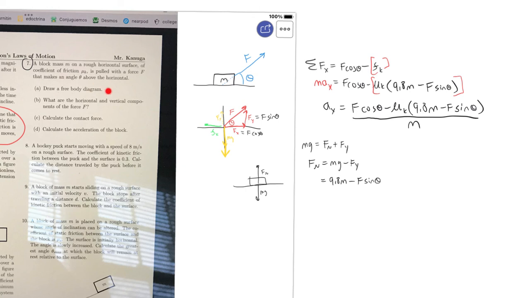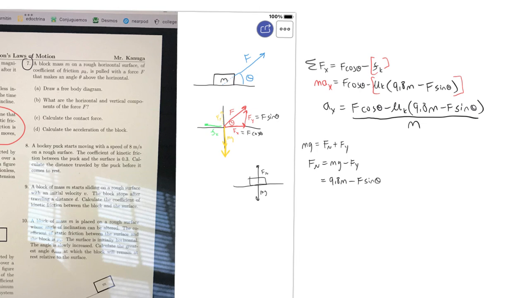Certainly there could be some variety between how I did the free body diagram and how the teacher does it. But whatever the process is here, it would be something along these lines for sure.